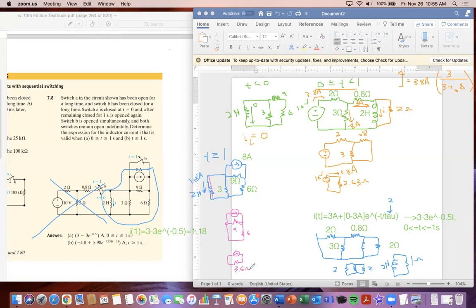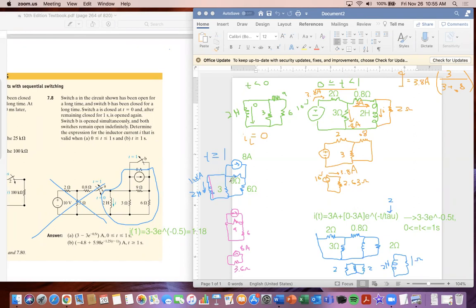Okay, everyone. Now that we know the resistance here and the amount of current, let's go back and find how the current would divide throughout the circuit, to give us the current we want for the inductor at time infinity.